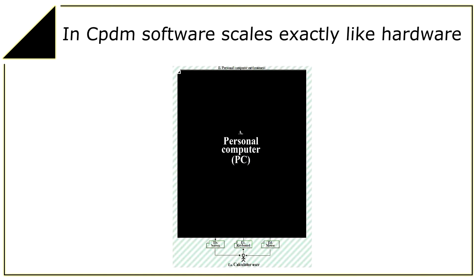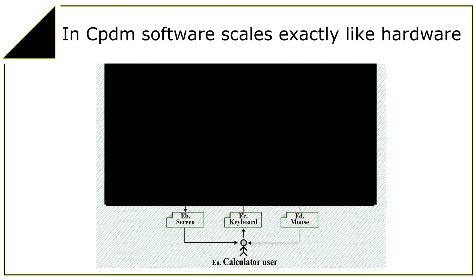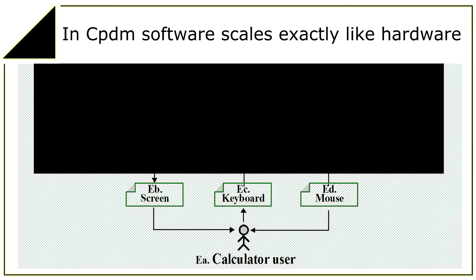In CPDM, software is handled similarly to electronics and mechanics, which means they also scale in the same way. This example describes a personal computer. In the environment, the user operates the computer via its interfaces such as mouse, keyboard, and screen.